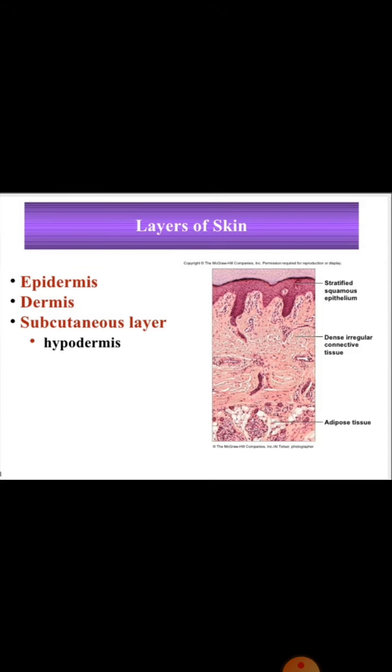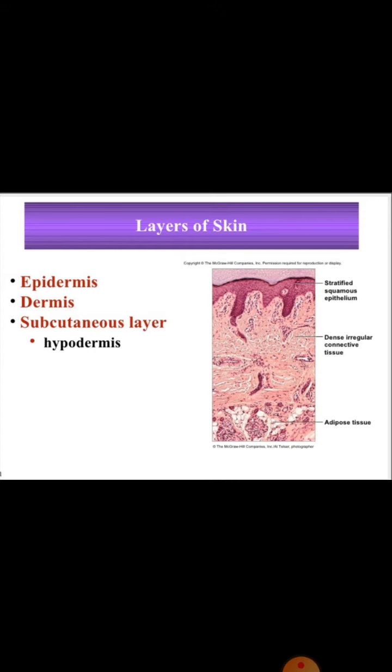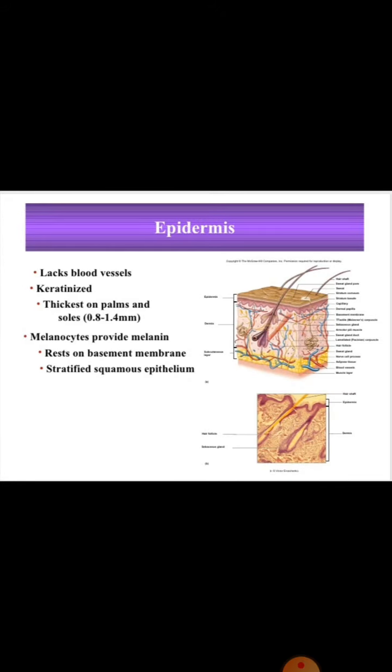hypodermis. You can see in this diagram, there is the epithelial layer of stratified squamous epithelial cells, then under this dense irregular connective tissue, then at the last you can see the adipose tissue, the tissue for fat storing purpose.